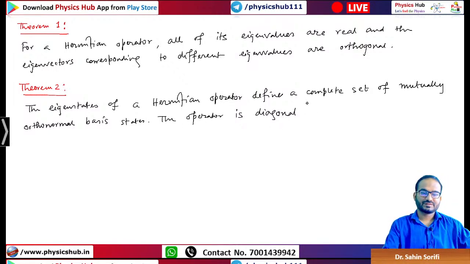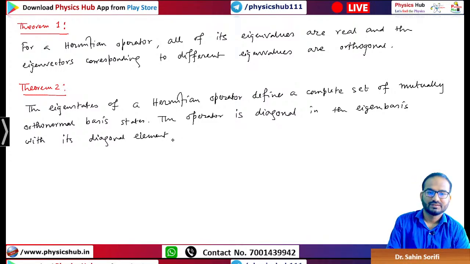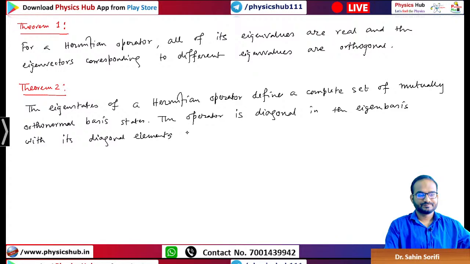The operator is diagonal in the eigenbasis with its diagonal elements. Diagonal elements will be the eigenvalues, right? The diagonal elements equal to eigenvalues. While reading this, you will feel that we have already done it in matrix.